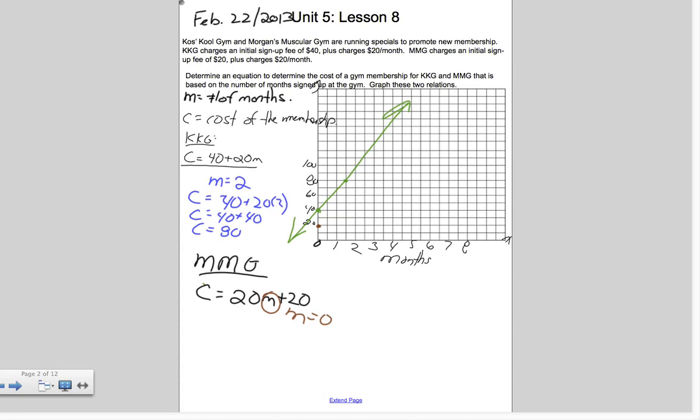Now that we recognize that this is a linear equation, we can just use slope as well. So what's the slope of this equation, or what's the rate? Yeah, the rate's 20. That rate is multiplied by our months, and that's affecting our total cost. So for 1 month, we go across 1, up 20.